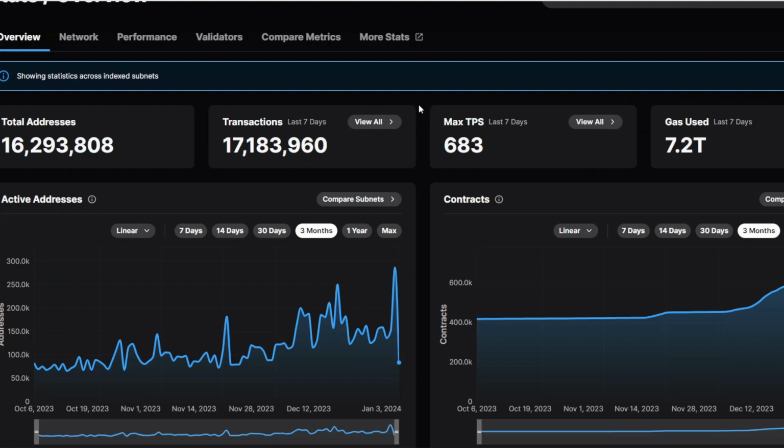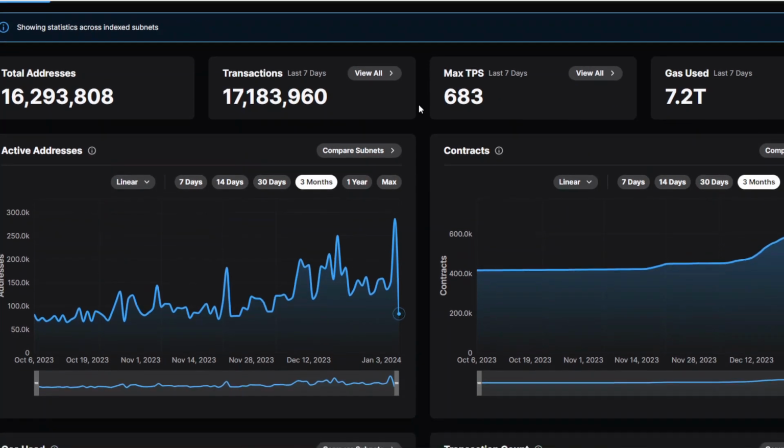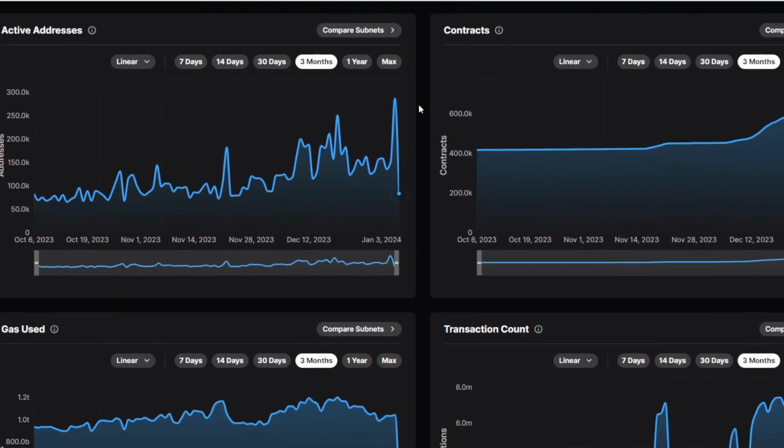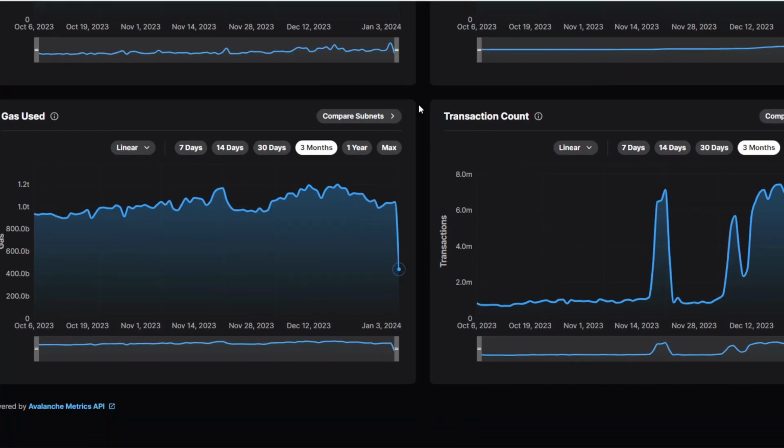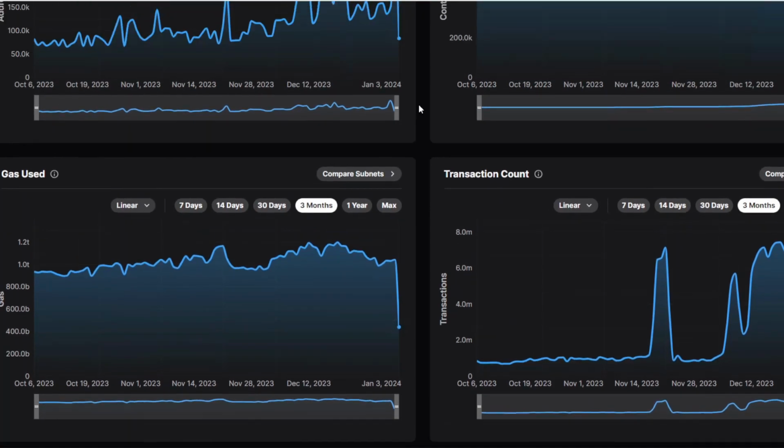So I wanted to make sure we're going in and looking at all the numbers as much as possible. We're not just looking at the top of the cake and saying, is it good or not? We're actually diving into the good stuff and understanding it, so later on when we continue to look at this throughout the year, we really know if Avalanche is performing well or if it's performing bad.